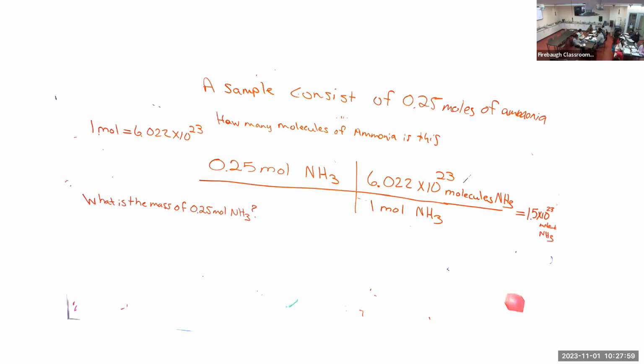NH3. How would I calculate that? Yeah, but tell me how. That's right, so we'll break it down. Okay, how many nitrogens do I have? One. How many hydrogens do I have? Three.